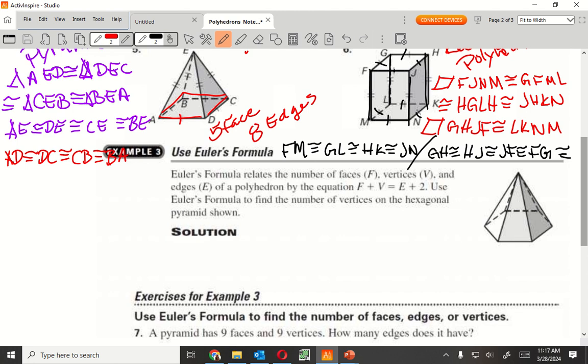The next one is going to be on the bottom, so that's LK, congruent to KN, congruent to NM, congruent to ML.